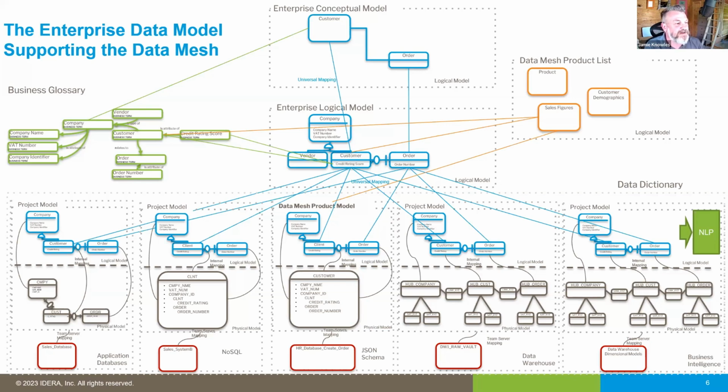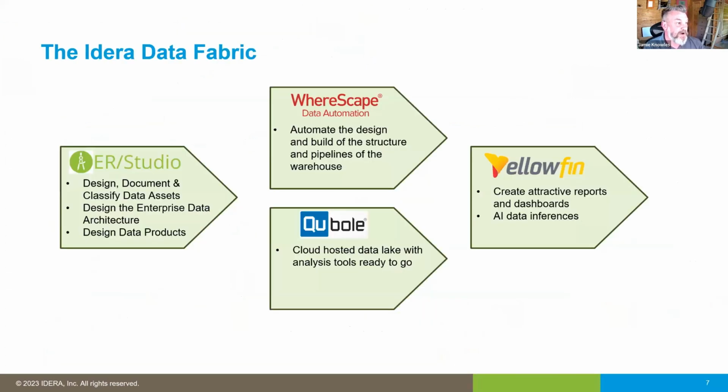So I'm not going to go into too much detail today, but really, we've got these 4 products that I mentioned. So those products are, starting from the left, ER Studio. This is a data modeling tool that allows us to both design and document data assets, source data assets, and not only that, but classify them against business terms, being able to attach them to business terms where data stewards have assigned policies and rules around the data.